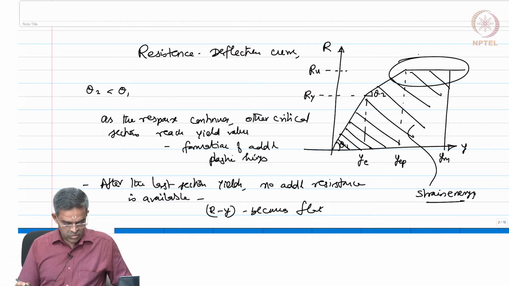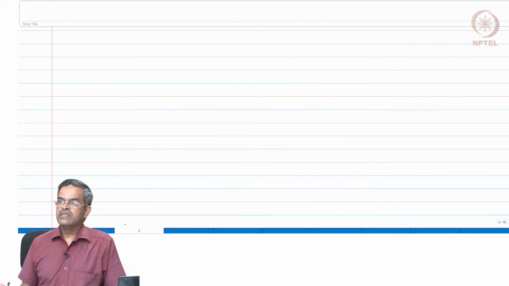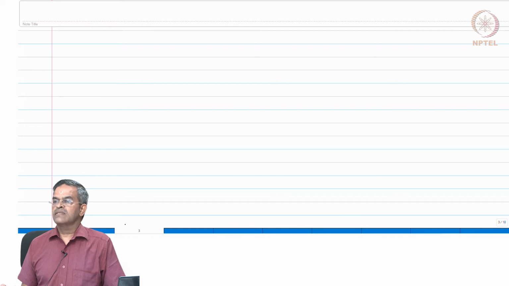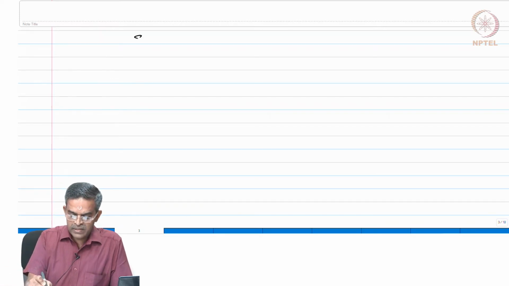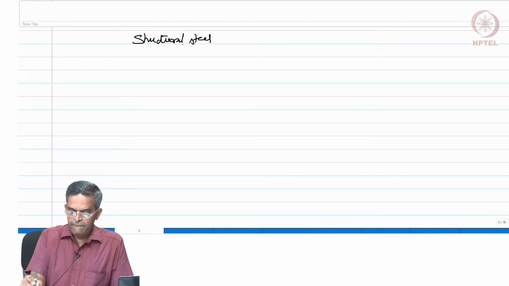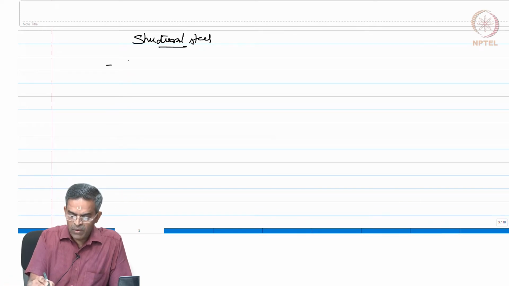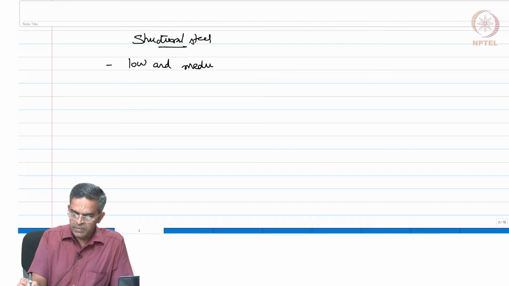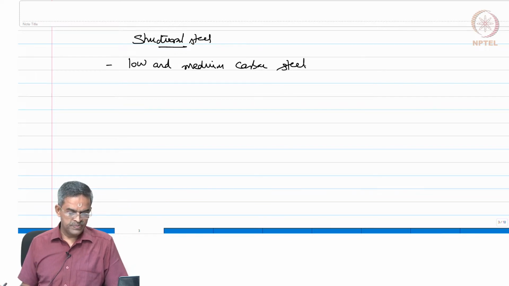So, having understood this, let us try to apply more understanding on blast resistance with steel as a structural material. So, let us take structural steel. And we are specifically talking about low and medium carbon steel. Okay, I think we already given this classification, we should be able to recollect them.